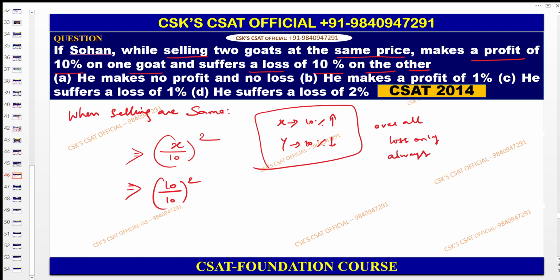You can do it by the PCG method or by the successive increase and decrease method, whatever method you apply, fine. So therefore he suffers a 1% loss. Understood everyone? Let us move on to the next question.